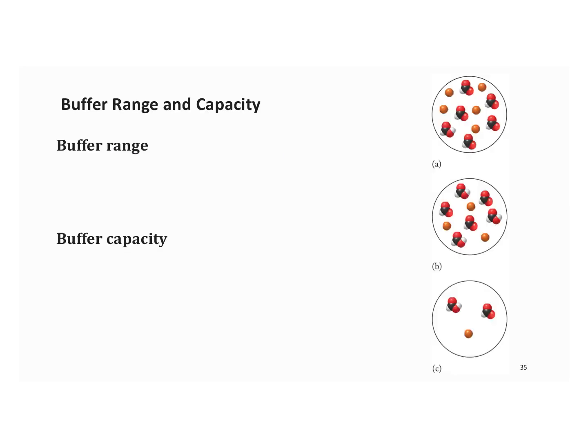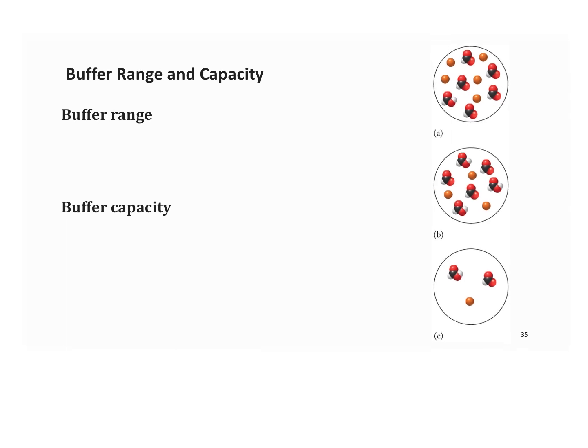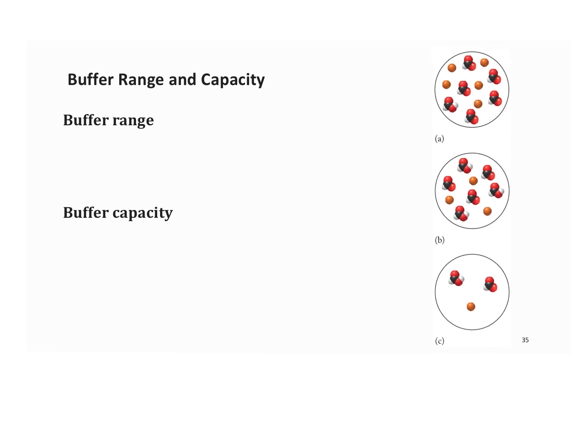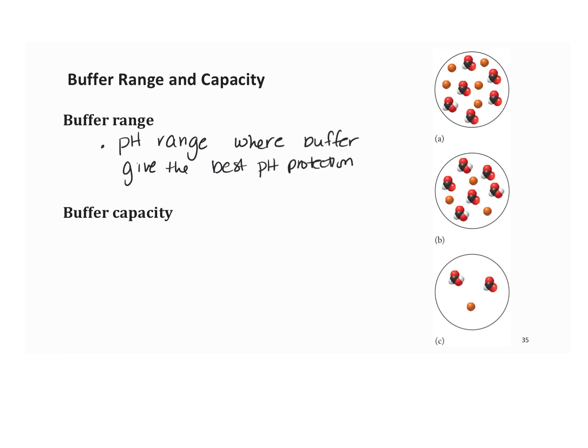When we talk about buffers and resisting these changes in pH, there's a pH range where buffers work the best. And that's called the buffer range. And so the buffer range is just the pH range where buffers give the best pH protection, okay?